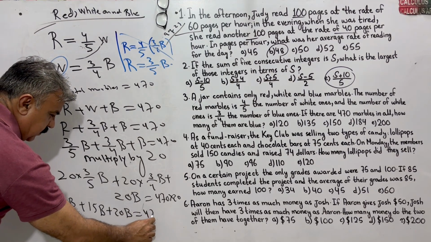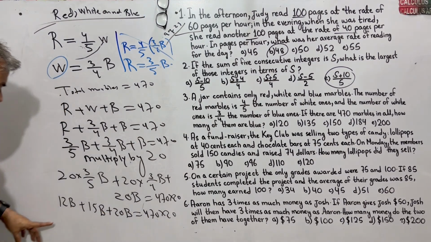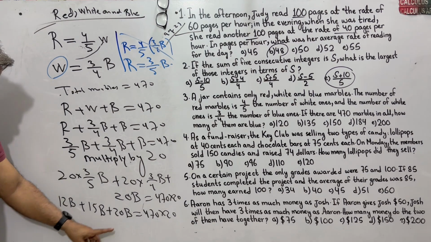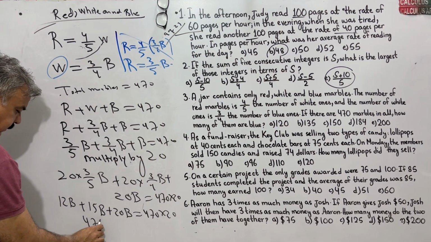I am going to have 470 times 20. Add them: 12, 15, 27 plus 20. It will become 47, and on the other side 470.